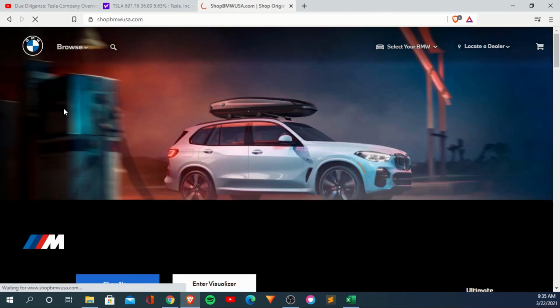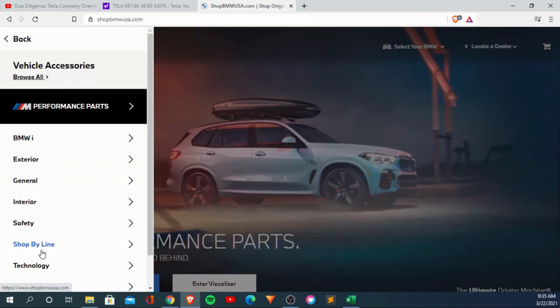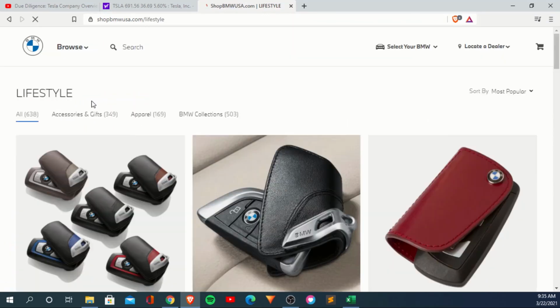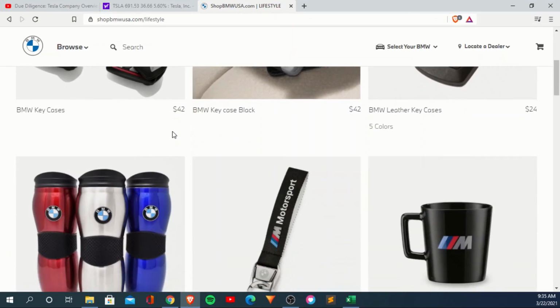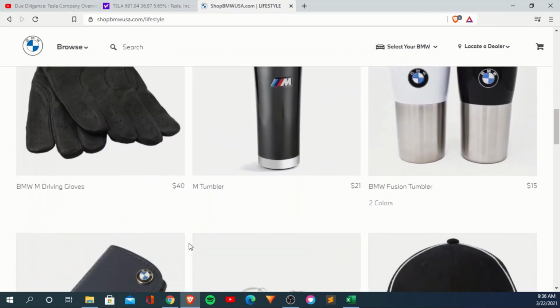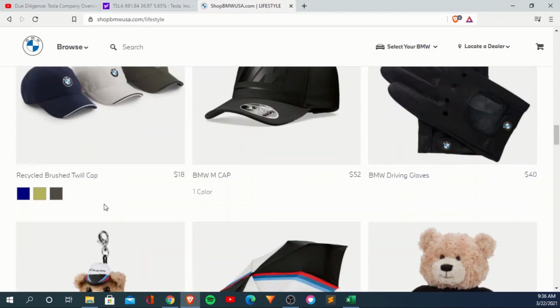Like vehicle accessories, random lifestyle products, right? I'm sure all this ancillary stuff makes up 5% of their sales or something, but they're an auto manufacturer first and foremost.